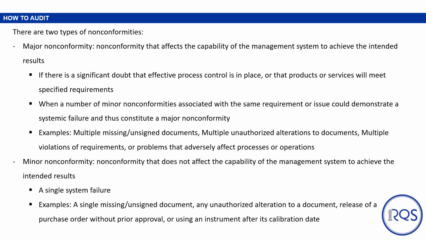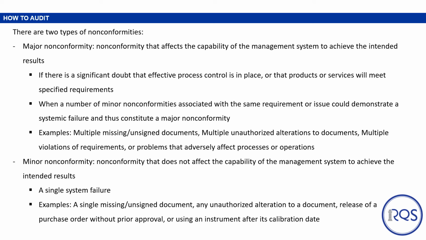There are 2 types of nonconformities, major and minor. Major nonconformities affect the capability of the management system to achieve the intended results. If there is significant doubt that effective process control is in place, or that products or services will meet specified requirements, this could be a major nonconformity.